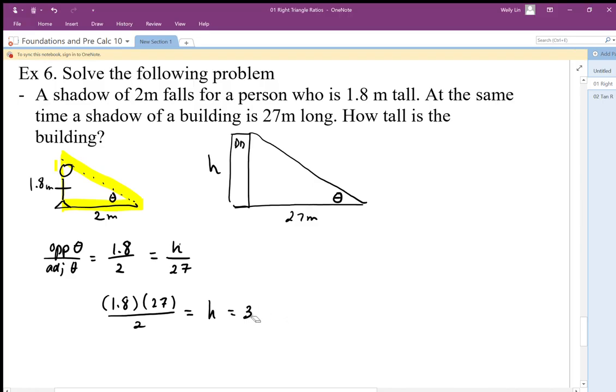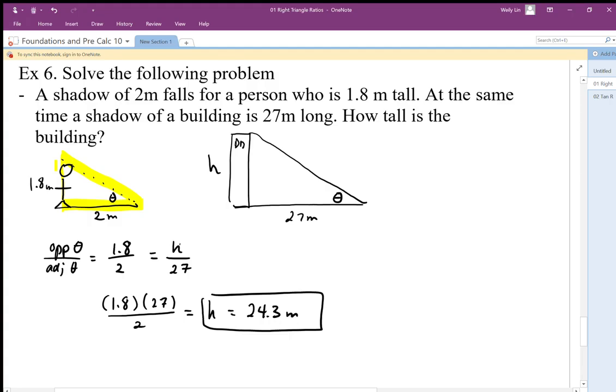Oh, that's not correct. I'm going to need to use my calculator here. 1.8 times 27 divided by 2 is going to be 24.3. So the height of the building is going to be 24.3 meters.